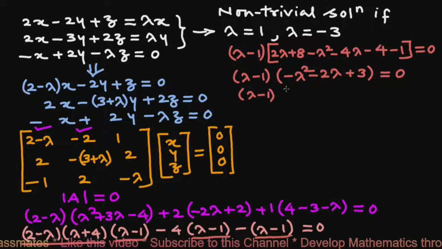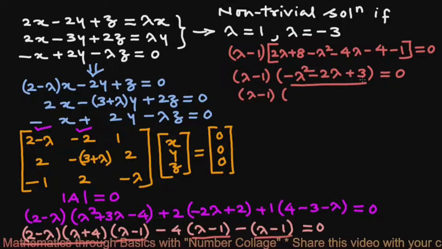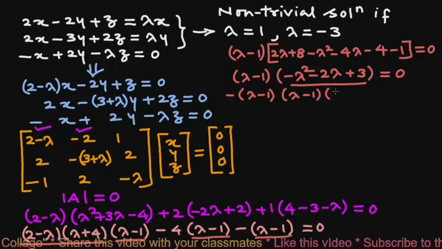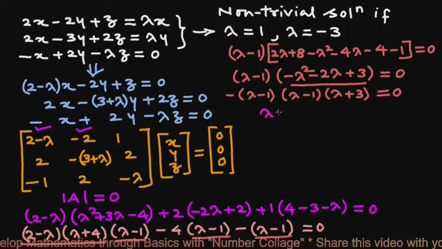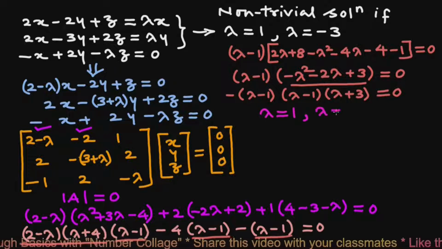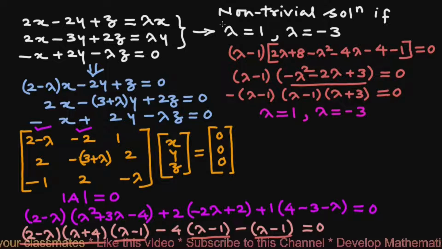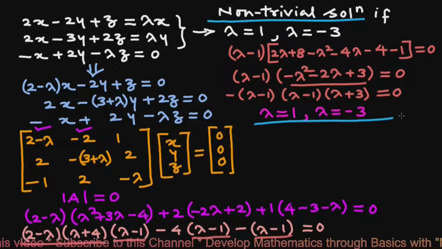Lambda minus 1 into factors of lambda square plus 2 lambda minus 3 will be minus of lambda minus 1 into lambda plus 3 equals 0. So that gives us lambda equals 1 and lambda equals minus 3. Therefore, the system has non-trivial solutions if lambda equals 1 and lambda equals minus 3.